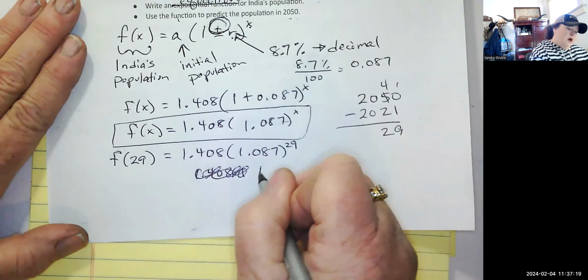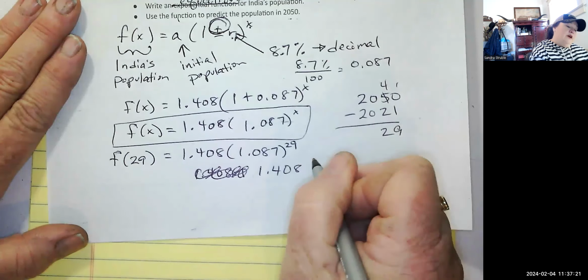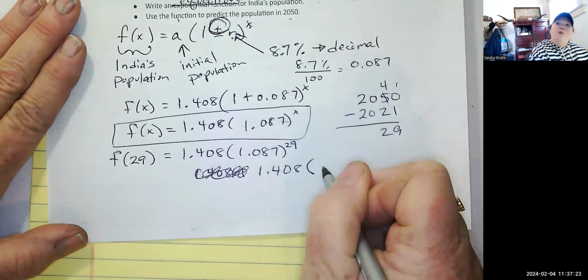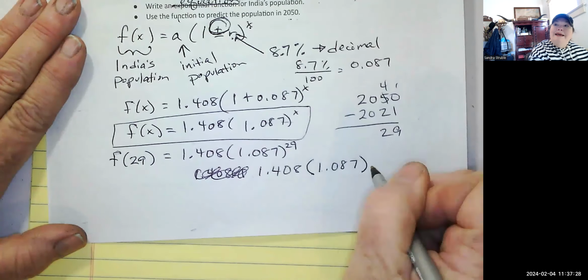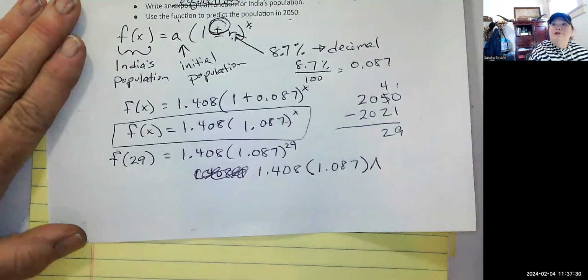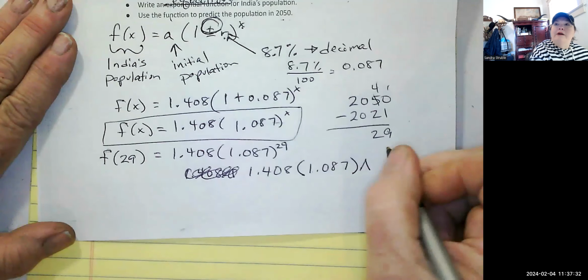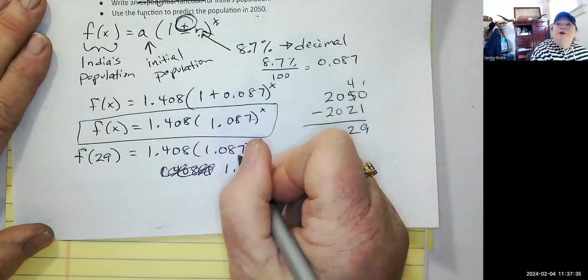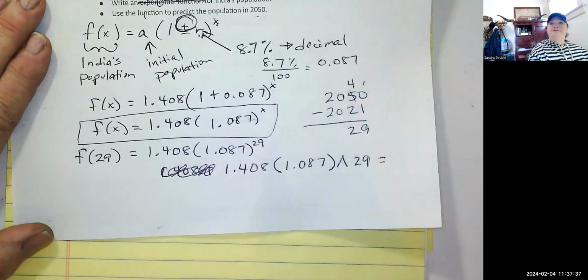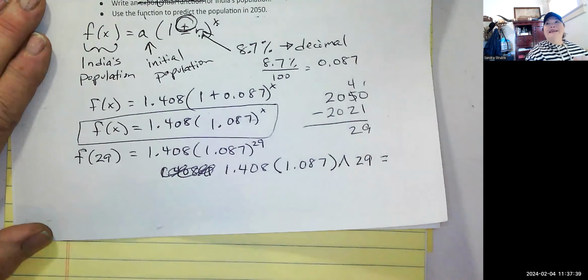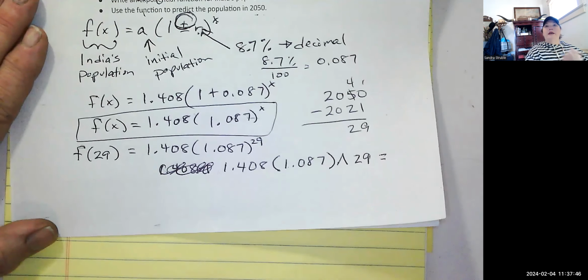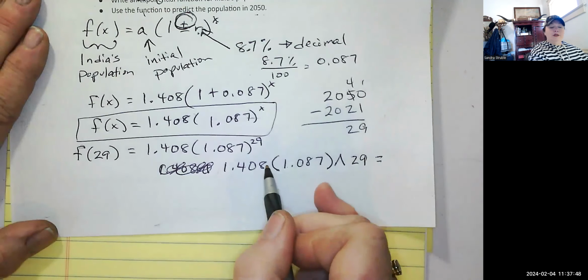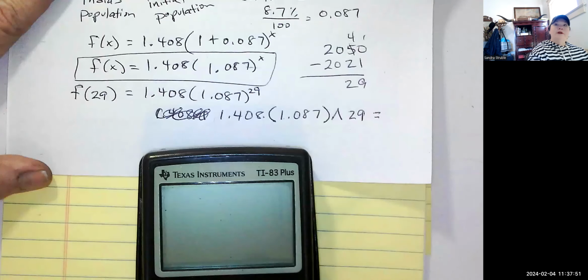Sorry. 1.408, open parenthesis, 1.087, close parenthesis, caret, or y to the x or x to the y or y to the box, I'm not sure what they have. And then you're going to put in 29 equals. Put that into your calculator. If it doesn't work, then you have either a TI-30XA or you have a Casio or one of those. And on a TI-30XA, you need to put a multiplication sign here. All right, everyone else should not have to.